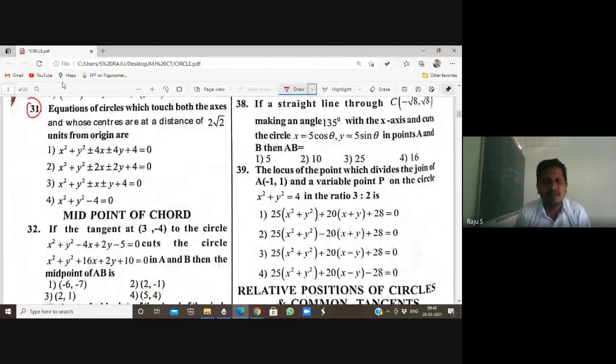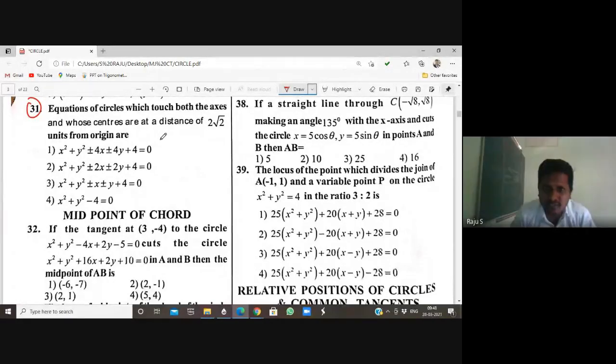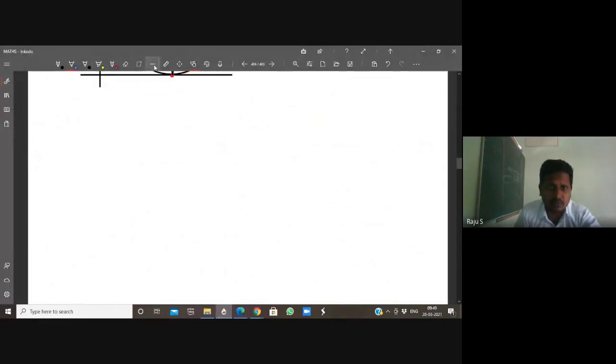Both the axes means whatever the center becomes. For example, if I take radius is a, small a, what is the center? This is a very logical and very easy question, but you have to understand. Question number 31.